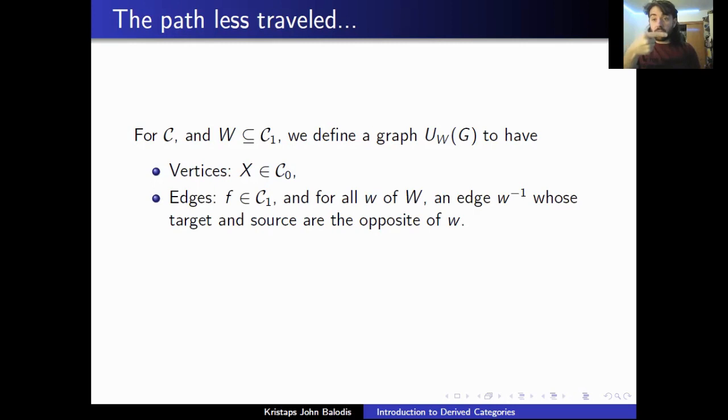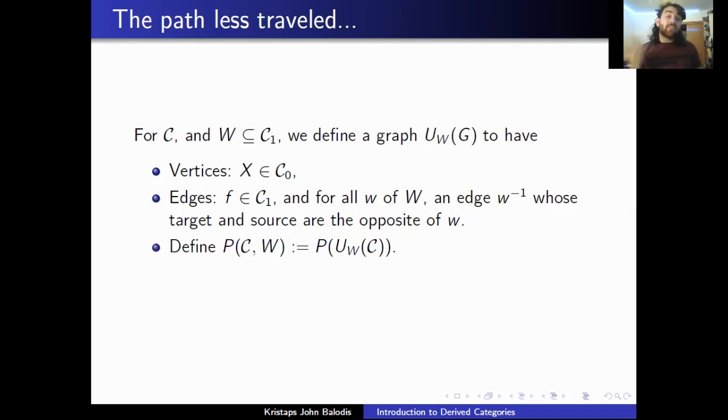So if we have a morphism going from one object to another, we're just going to formally add an edge going in the other direction. This is easier to do in the world of graph theory, where things are locally small and we think about formal elements of sets, and we're not having to worry about category structure. That's why we pass to this graph and do this formal inverse here.